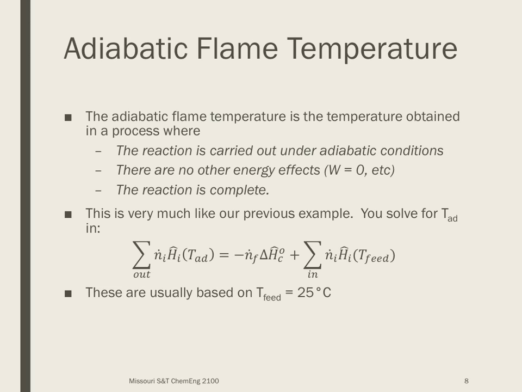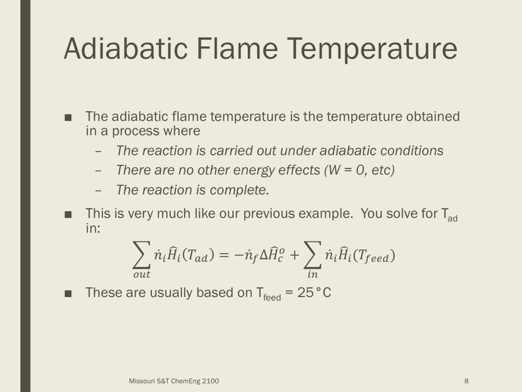So what you end up doing is a calculation very much like in that previous example we did. You end up with the amount of energy that has to go through these various processes. We usually start our feed at 25 degrees C, have the combustion, and then it rises to another temperature. And so based on that, we end up with this calculation here. I have video examples linked in Canvas.